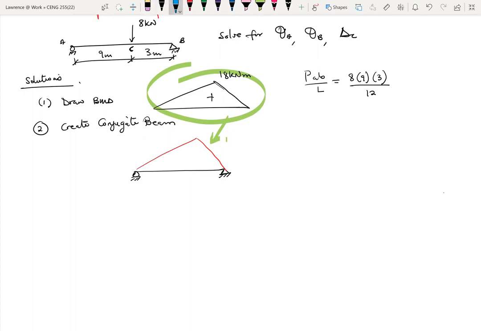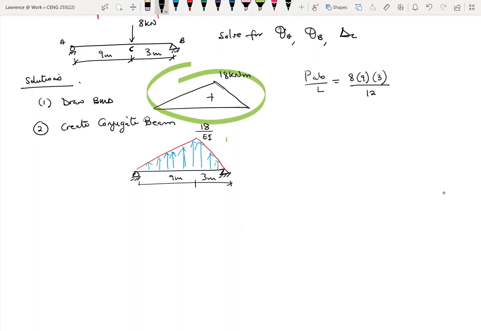Then assume that the directions are upwards. Okay, great. So nothing really changes. 9 meters, 3 meters. Now we have 18 over EI for the topmost value.